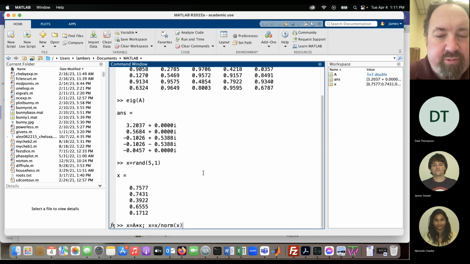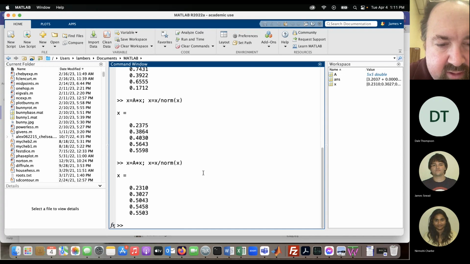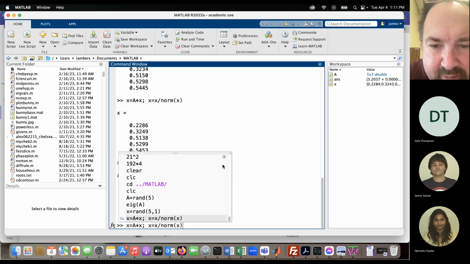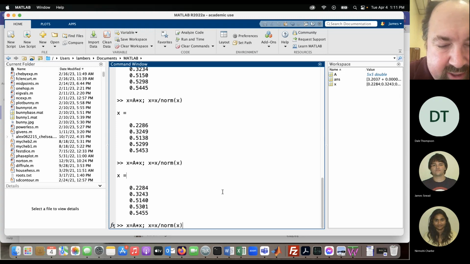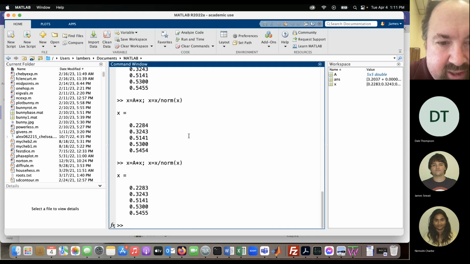So basically that's what the power method is doing. Let's see what happens to the vector as we proceed. Here after just one iteration, we see that the numbers are already not even changing from one iteration to the next.